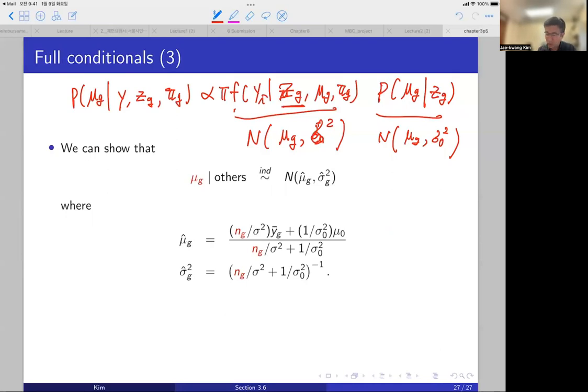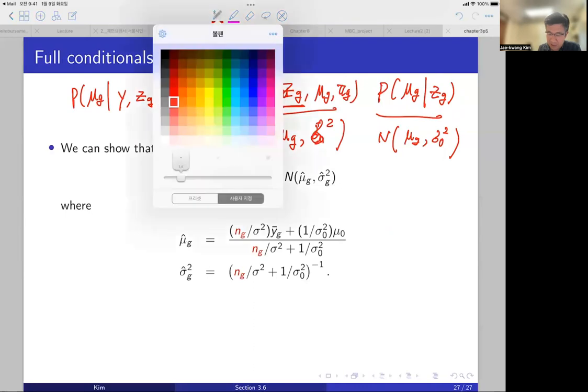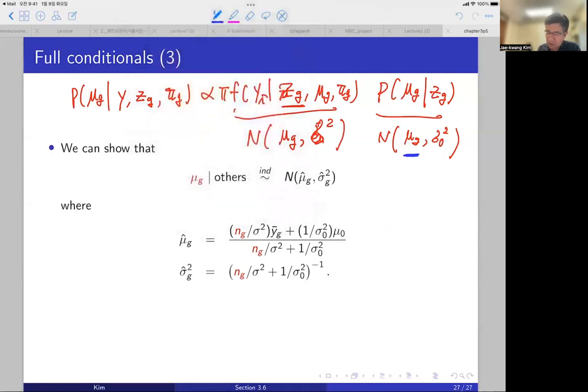So that becomes a normal times normal. That is straightforward. The posterior is also normal, right? So here you have a multi-level model. Sorry, this is a little bit not really accurate.